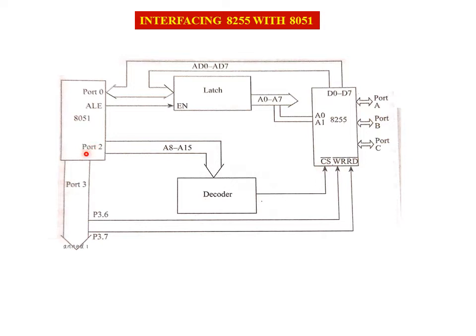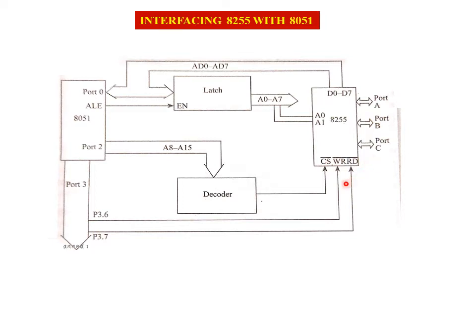The port 2 address bus bits A8 to A15 are connected to the address decoder, a decoder circuit which decodes the 8255 address. Once this address has been decoded, this chip is enabled. Once it is enabled, then using the port 0 bits, any one of the registers is selected for read or write, nothing but input output operations.